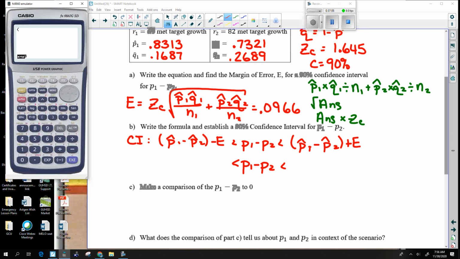So here we go. p hat 1 minus p hat 2 minus E. So that is E, so that is 0.0026. Positive though, it's positive 0.0026. p hat 1 minus p hat 2 plus E.